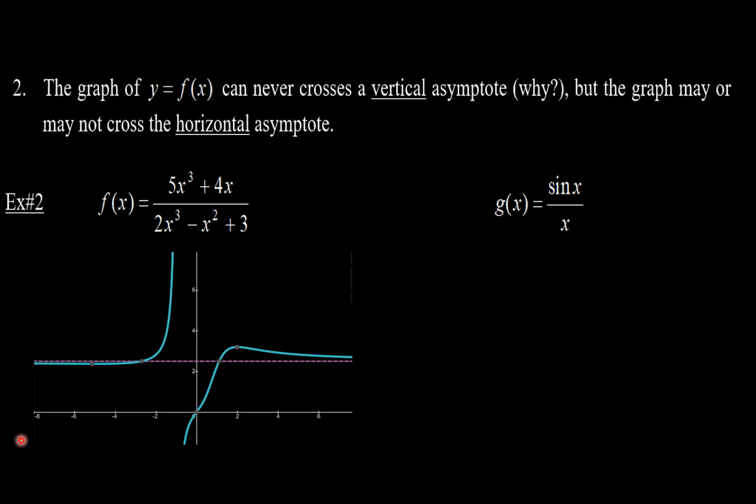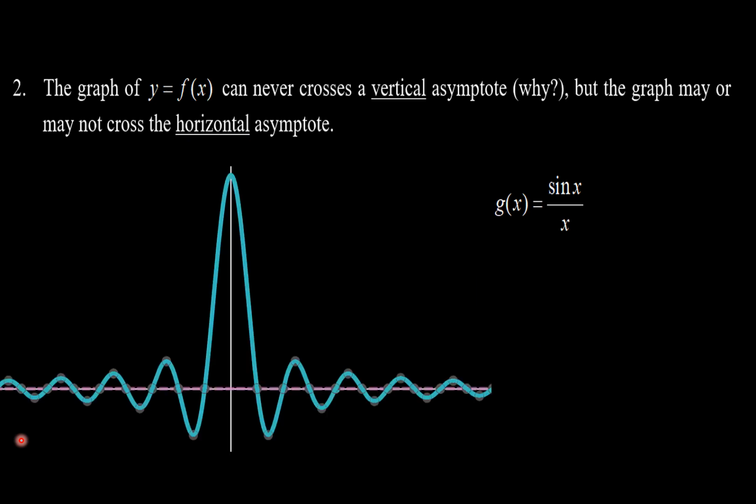Let's look at our next function, sine of x over x. We looked at this one earlier, but I didn't have a cool graph like this. For sine of x over x, the last time we looked at this was when x was approaching 0. As we know, there's actually a hole there, you just can't see it in this graph. But did you know for the end behavior what happens? Look at that thing.